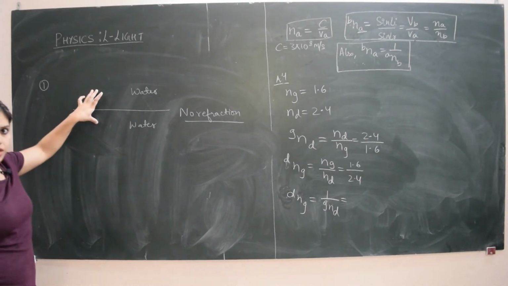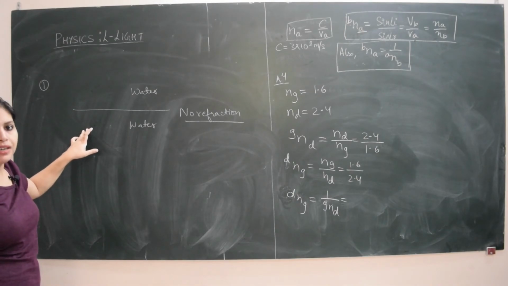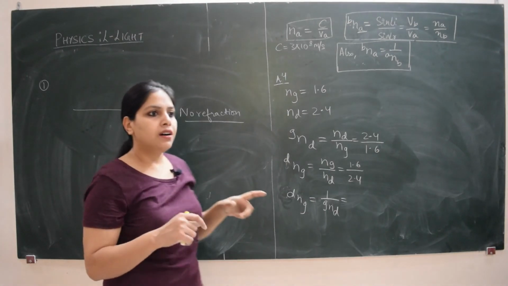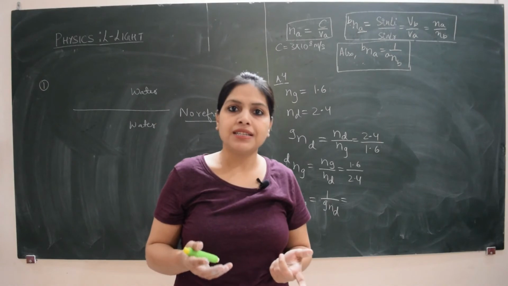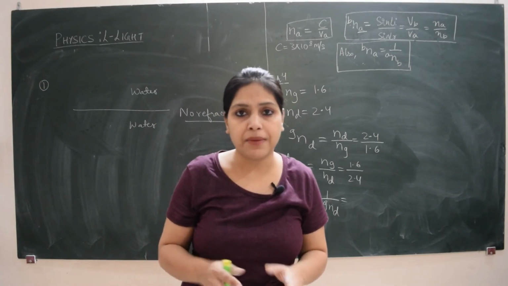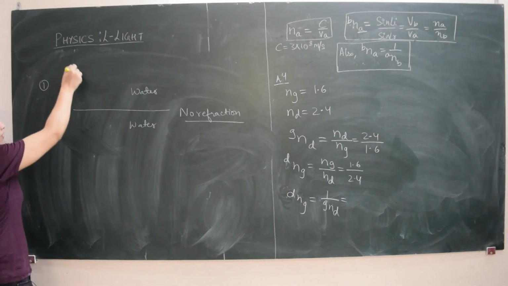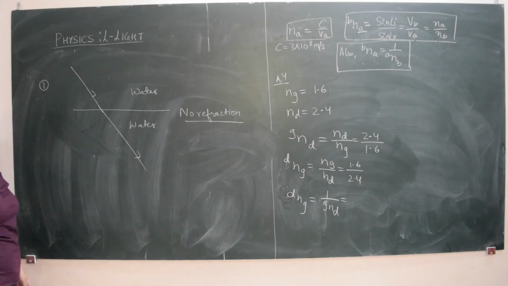So the first condition is when both the media are the same, or basically they have the same optical density, then there will be no refraction. If you have two different liquids and the refractive indices are the same, the optical density is the same, so there will be no refraction. If I have a ray of light like this, it will simply pass without changing its path.